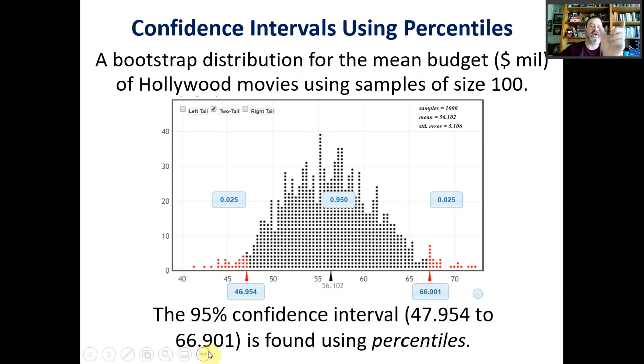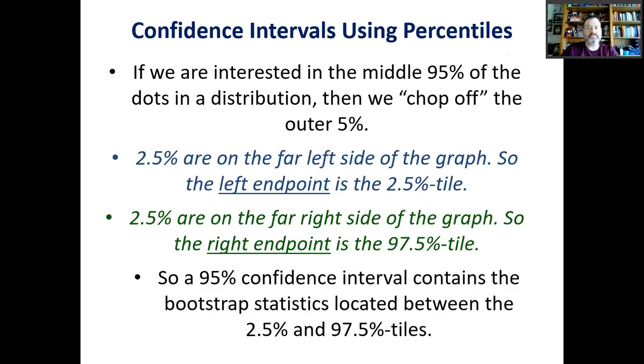Therefore, if we take the standard error and scoot that width around, building confidence intervals out of each of these dots, these middle 95% would contain the actual value of the parameter. So it turns out we know what the parameter is here, but this works even if we don't know what the parameter is. And so we're interested in the middle 95% of the dots in a distribution, then we chop off the outer 5%. So that's basically the way we do it.